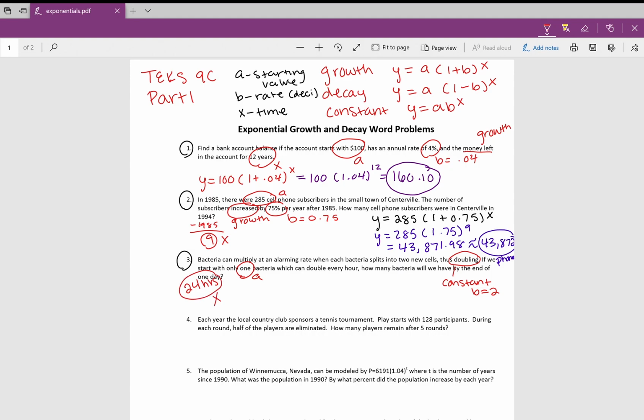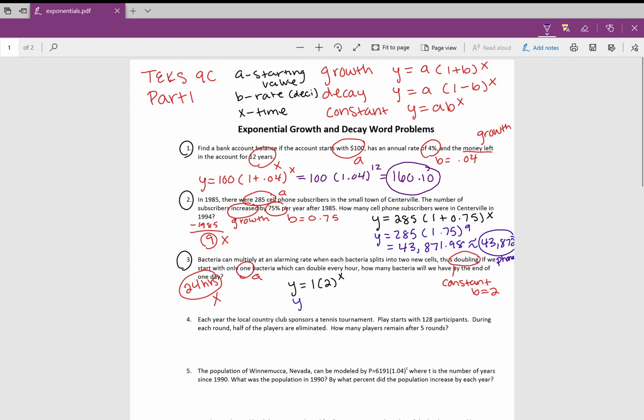So I'm going to go ahead and write my equation. My equation is y is equal to a, which is 1, times b, which is 2, to the power of x. Remember, this is a constant function, so we don't have 1 plus or 1 minus. Now I'm going to plug in my x, which is 24.